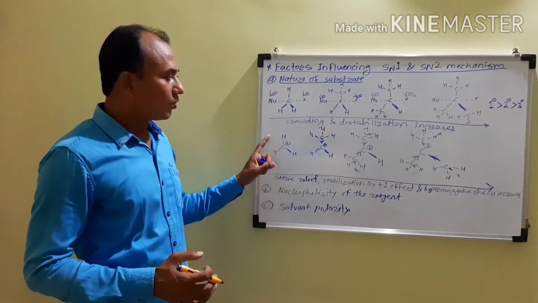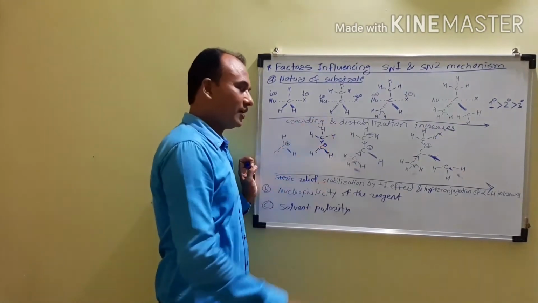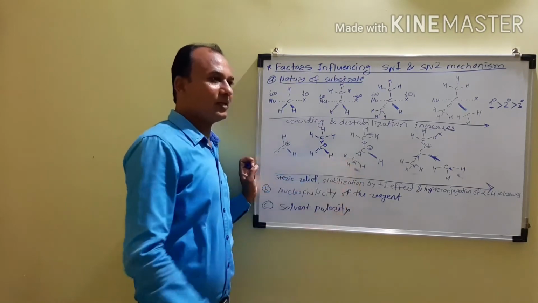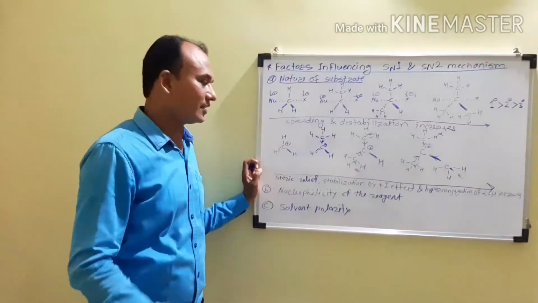So what are the reasons? First, there will be a steric relief due to the planar geometry: as the alkyl groups increase, they are arranged in such a way that there is less crowding.